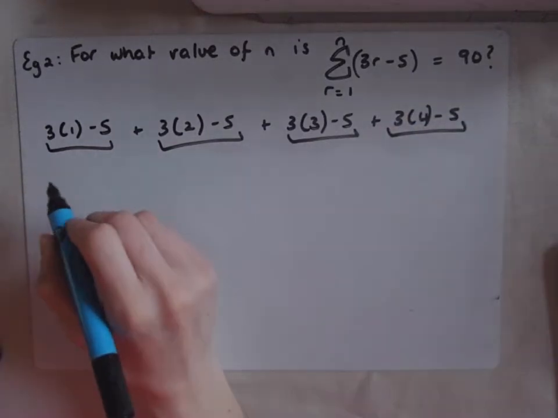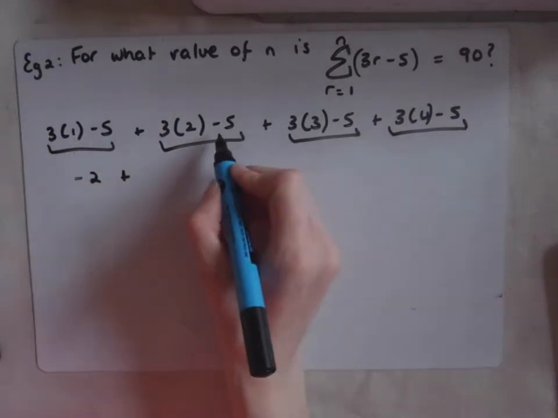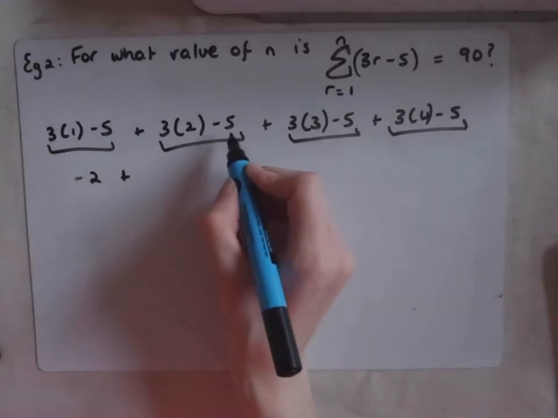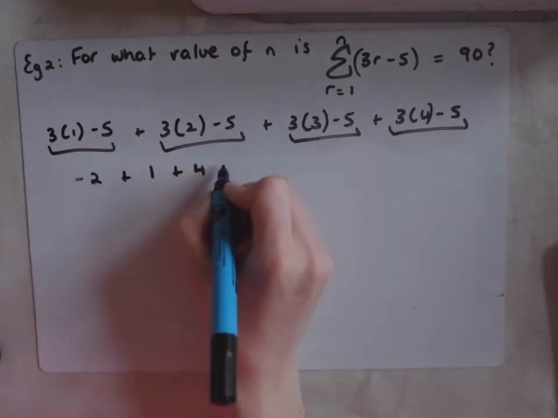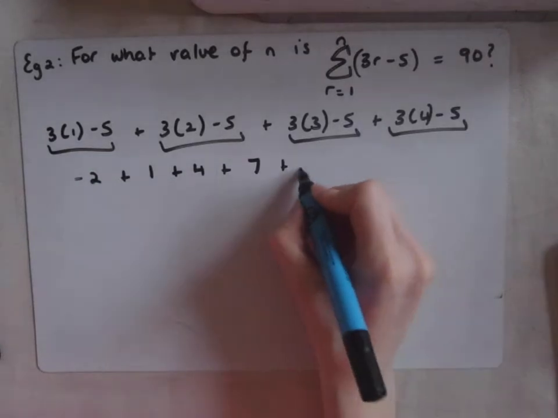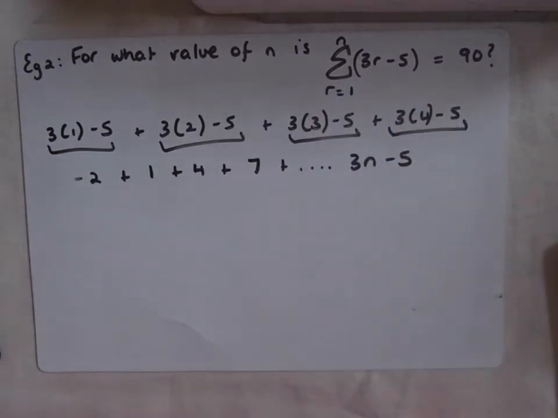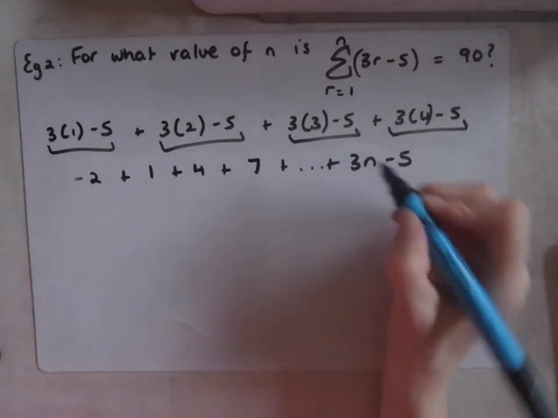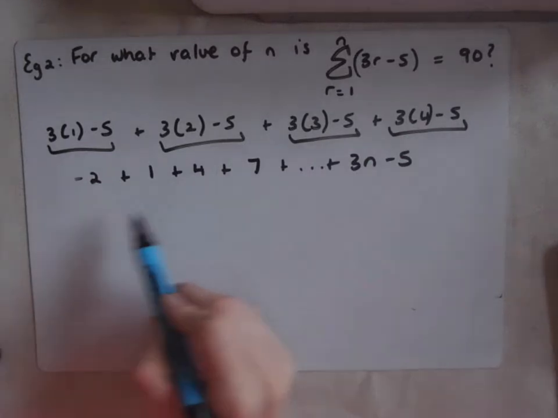So my series is minus 2, 6 take 5, 9 take 5, and 12 take 5. This is my series of numbers, all the way up to 3n minus 5. I'm not interested in that, I don't really need it. What I need to know is my series of numbers.